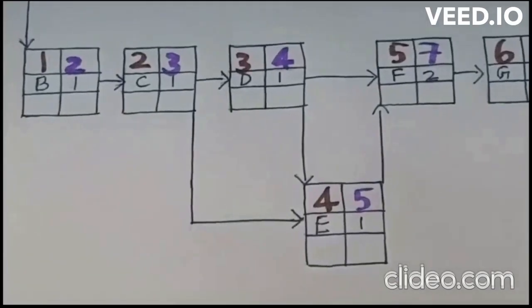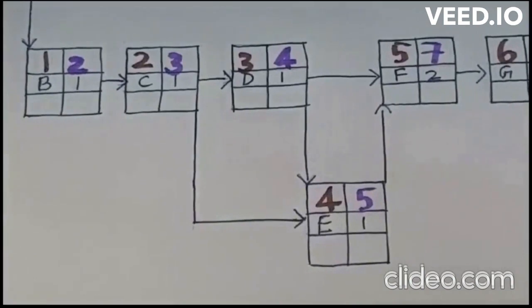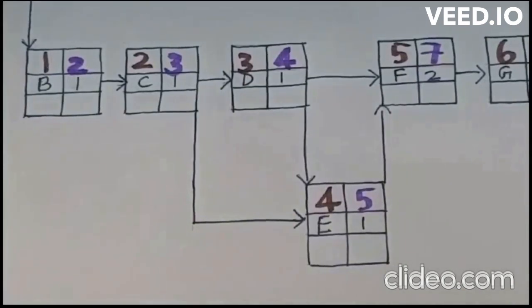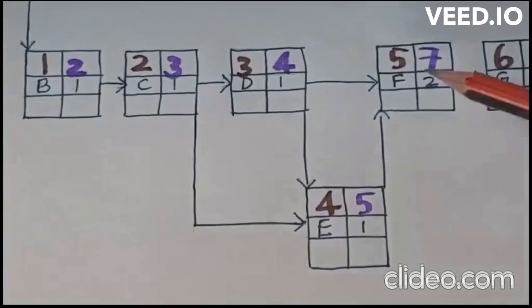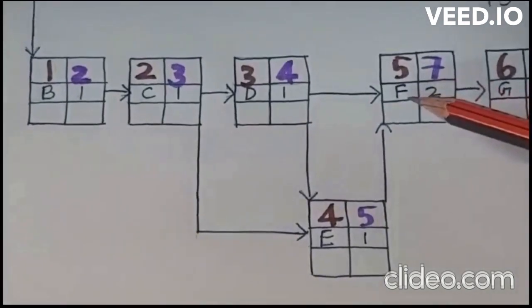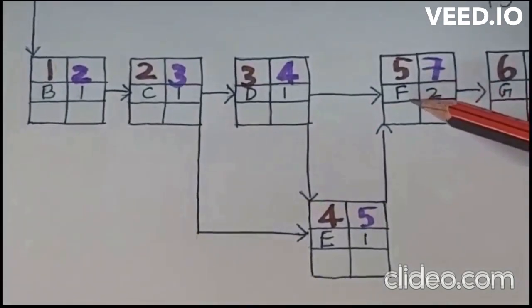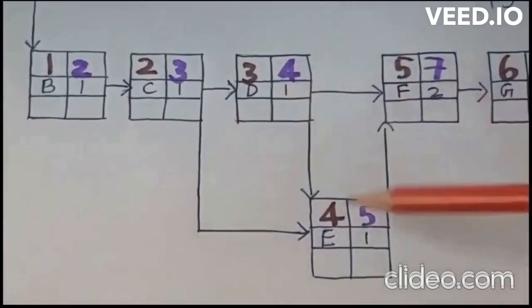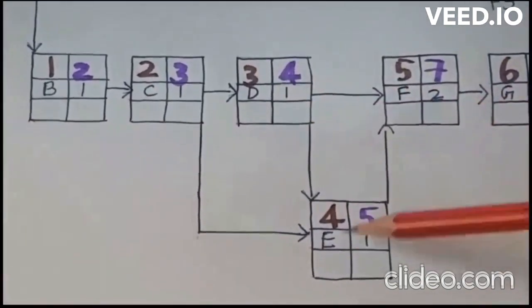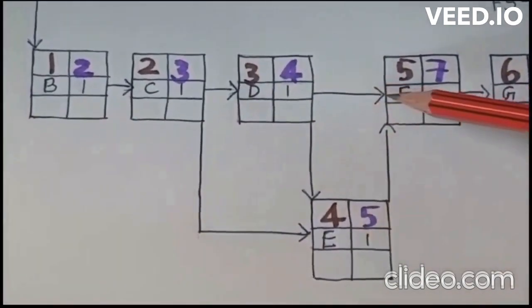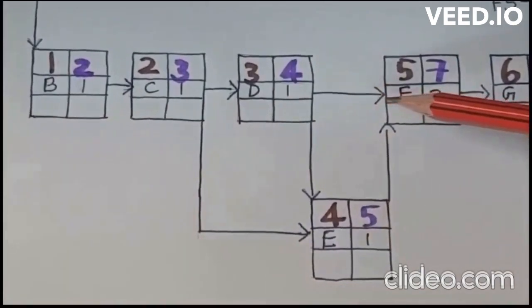Now continuing with the previous session, I'll just tell you how to enter the values for activity F. When we see here for activity F, there are two predecessors, activity D and activity E, and both the relationships are finish to start.